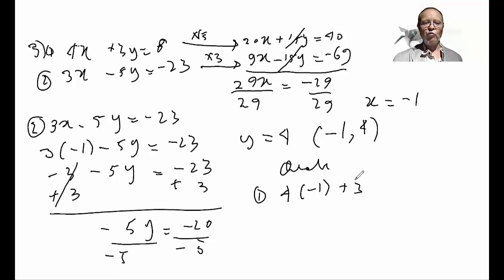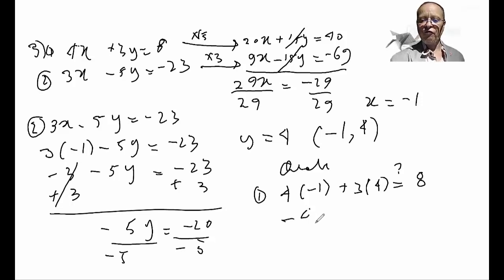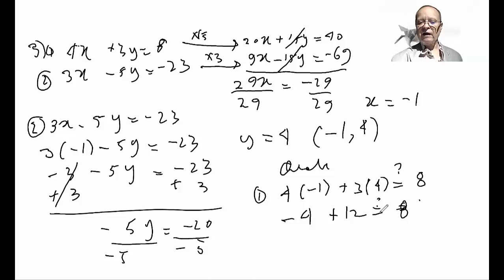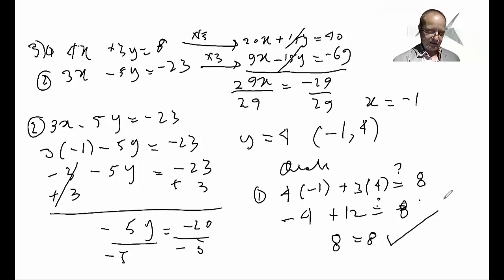What did I find y to be? I found y to be 4. And is that equal to 8? Well, I have negative 4 plus 12 equals 8? And negative 4 plus 12 indeed is equal to 8. And indeed, I'm good to go.